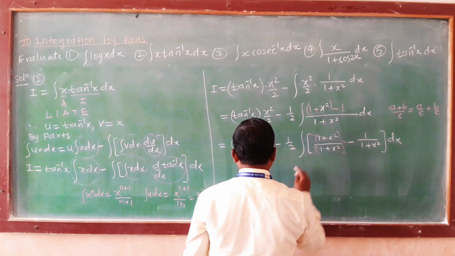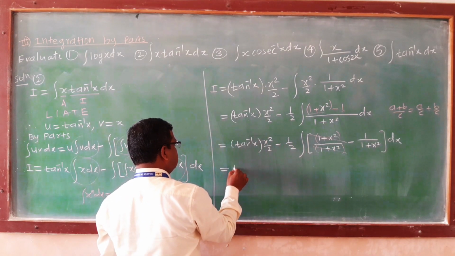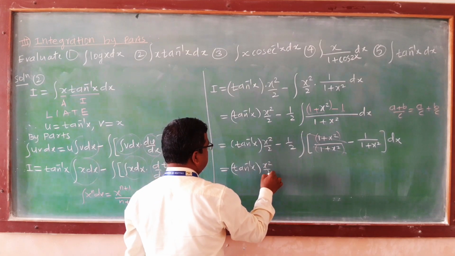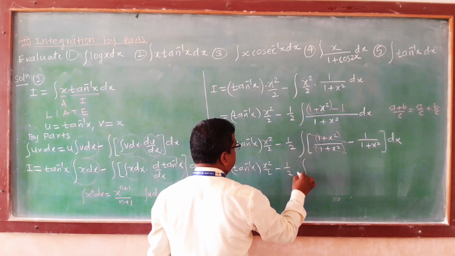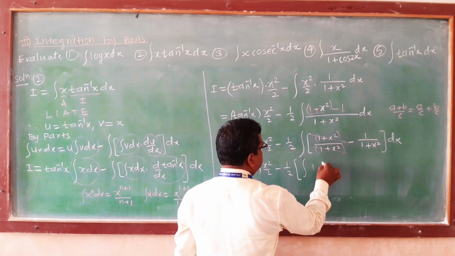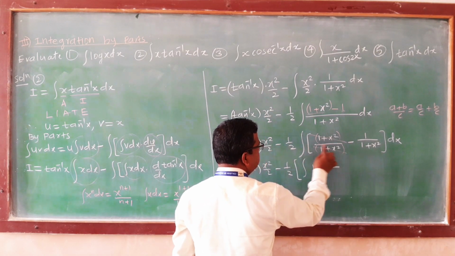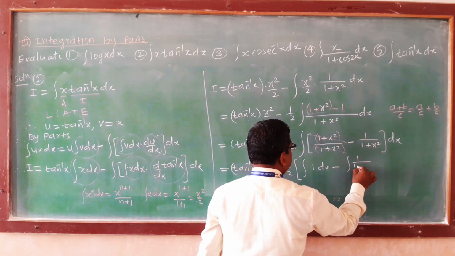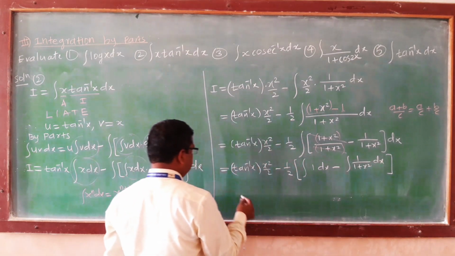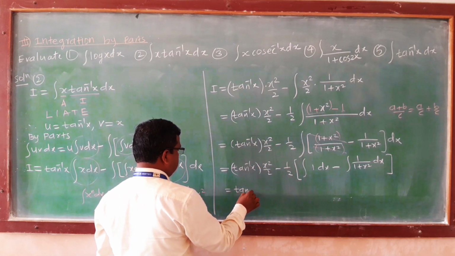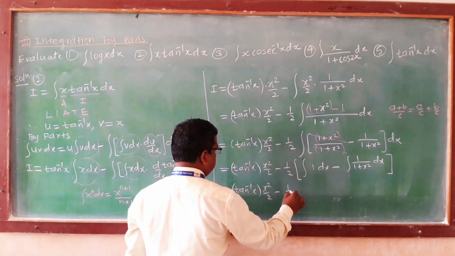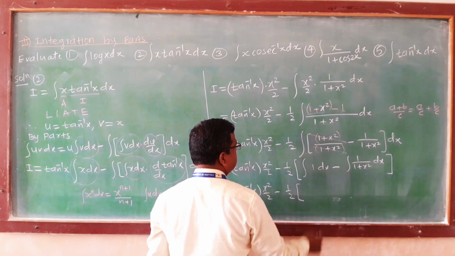Here there is a subtraction. So therefore this is tan inverse x, x square by 2 minus half into bracket, value of this is 1 dx minus integration of 1 upon 1 plus x square dx, bracket complete, which is equal to tan inverse x, x square upon 2 minus half integration of 1.